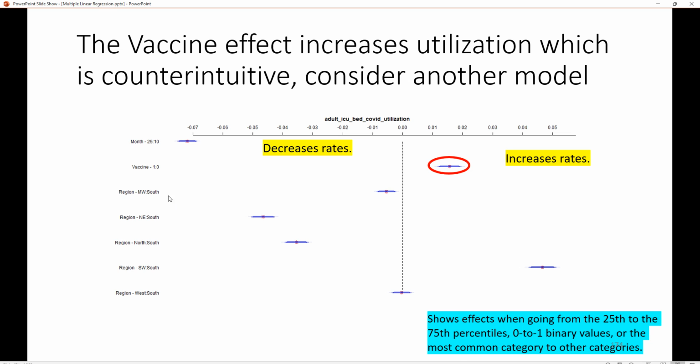So for the region, because the South has slightly more data than the other regions, it's that reference group that we discussed in the last slide. And these different regions are compared with the ICU bed utilization rates for the South.